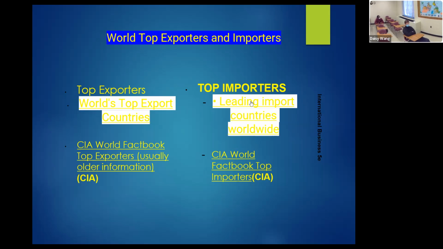What is Alemania? Germany. Okay. And then Japan. And what is Países Bajos? Hong Kong. And then this one is Korea, South Korea, Italy, Canada, Belgium, Mexico.